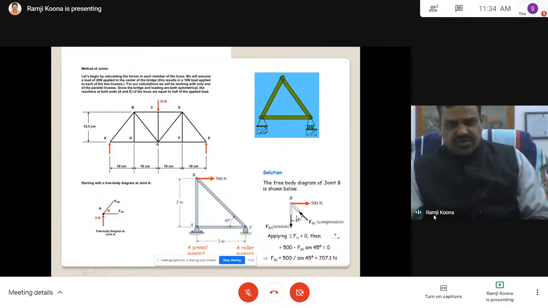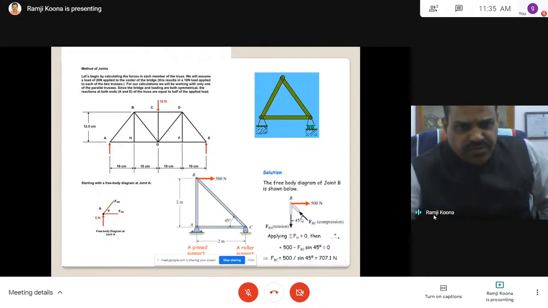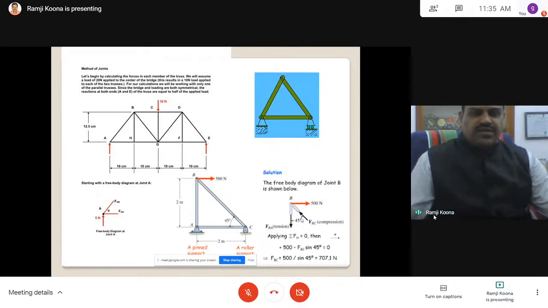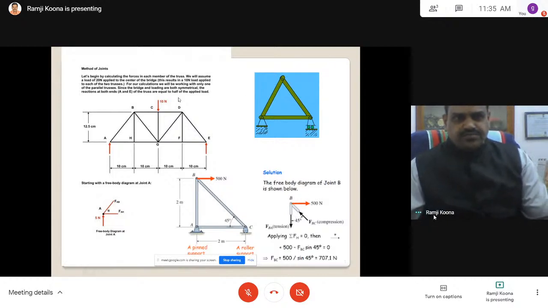Once you got FBC, then the vertical reaction minus FBC cos 45 is equal to 0. From that, determine it. If it is positive, your assumed direction is correct. If it is negative, you have to decide whether it is a tensile or a compressive member. This is how the method of joints is applied.